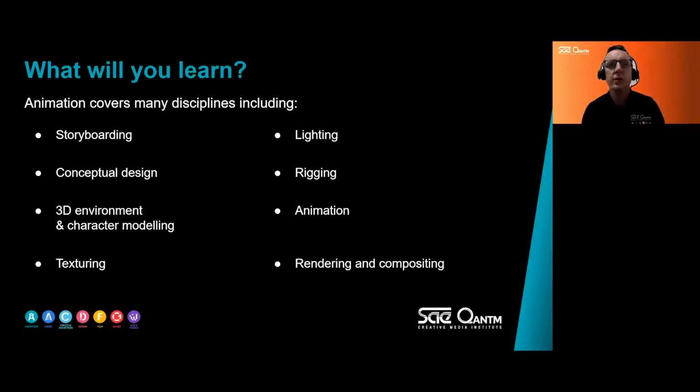Moving on from storyboarding, you'll take those conceptual designs and start converting, for example, character designs into 3D models, character models, and even environments. You may create an elaborate forest or a jungle, and then populate that with characters, as we did with Animalia while we were at Photon VFX.